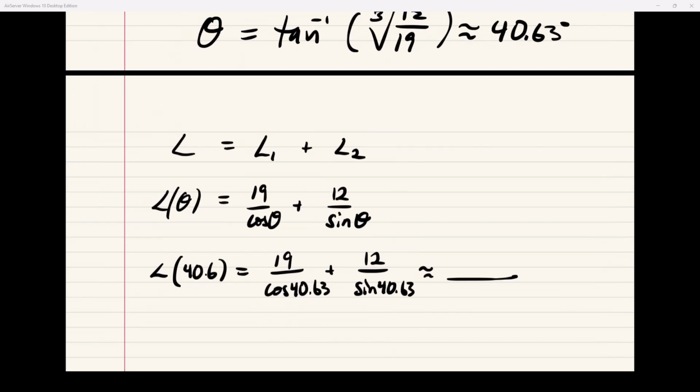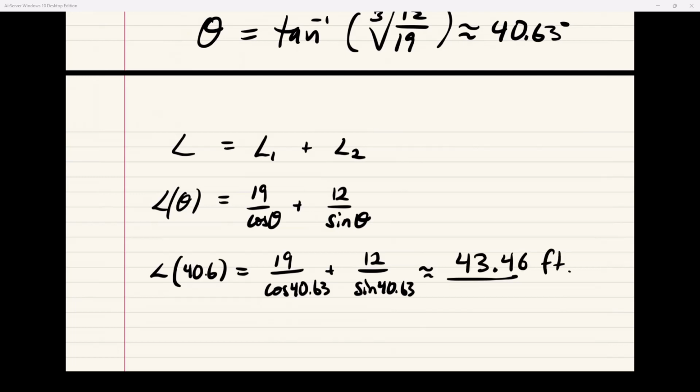19 divided by cosine 40.63, and that'll just right away add to 12 divided by the sine of 40.63. This comes out to about 43.46 in feet. So that's about the minimum there.